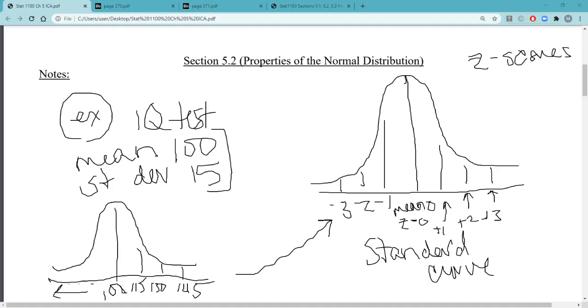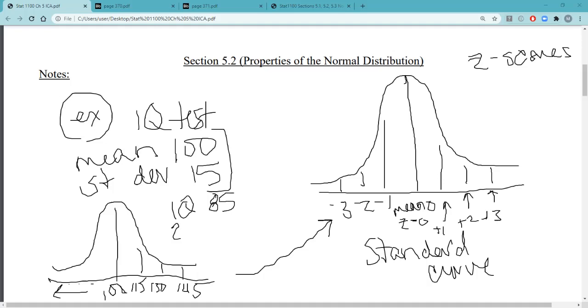So let's go ahead and compute a z-score for this data set. Let's say that we have an IQ of 85, and I want to know, what is that z-score?